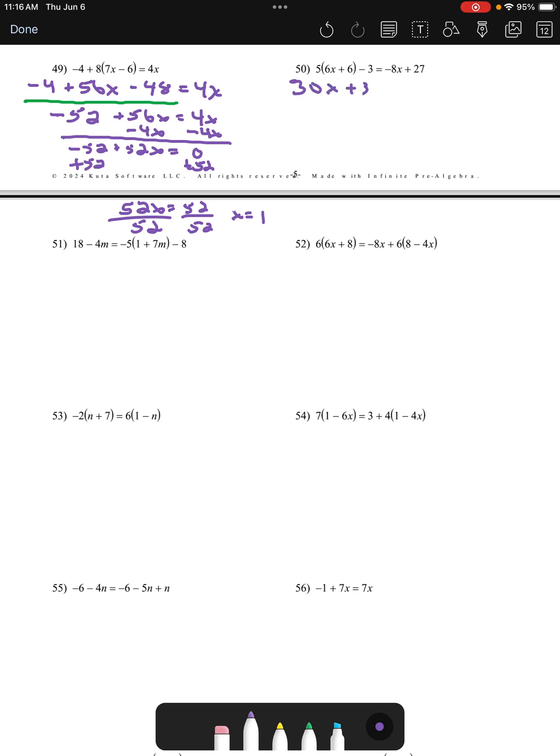In number 50, distribute. 30x plus 30 minus 3 equals -8x plus 27.